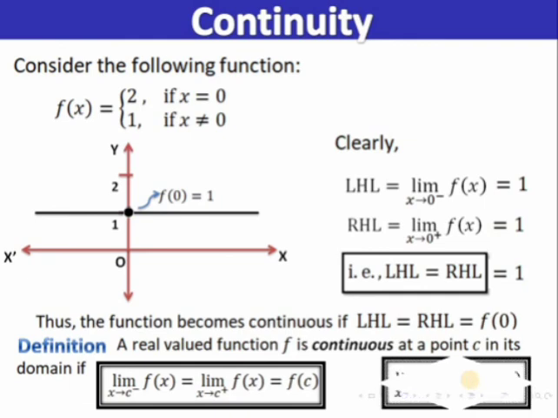And one more thing that you need to remember is, all of you know that whenever left hand limit and right hand limit are equal, both of them can be combined and written as this much. Okay. So you can either write this as your definition or you can write this as your definition. Okay. So you may pause the video and note down the important points.